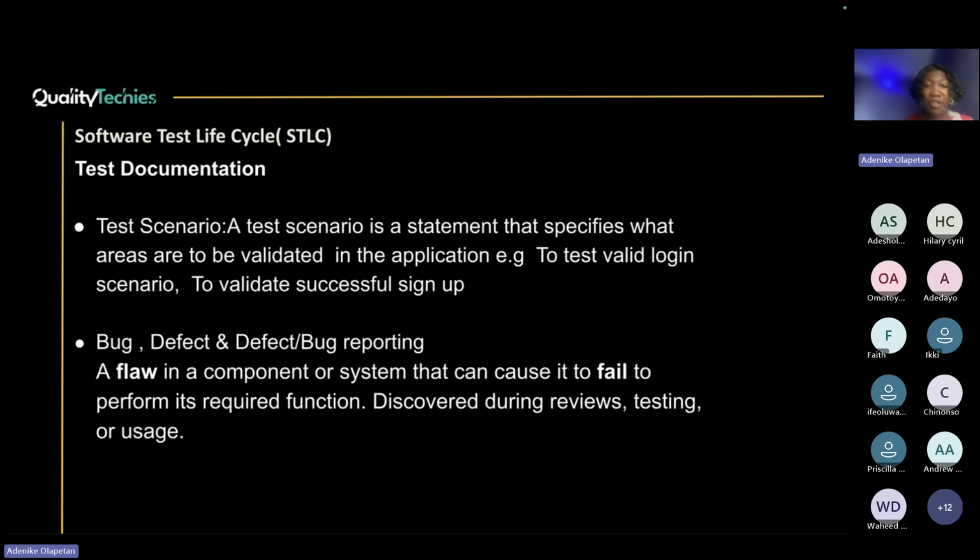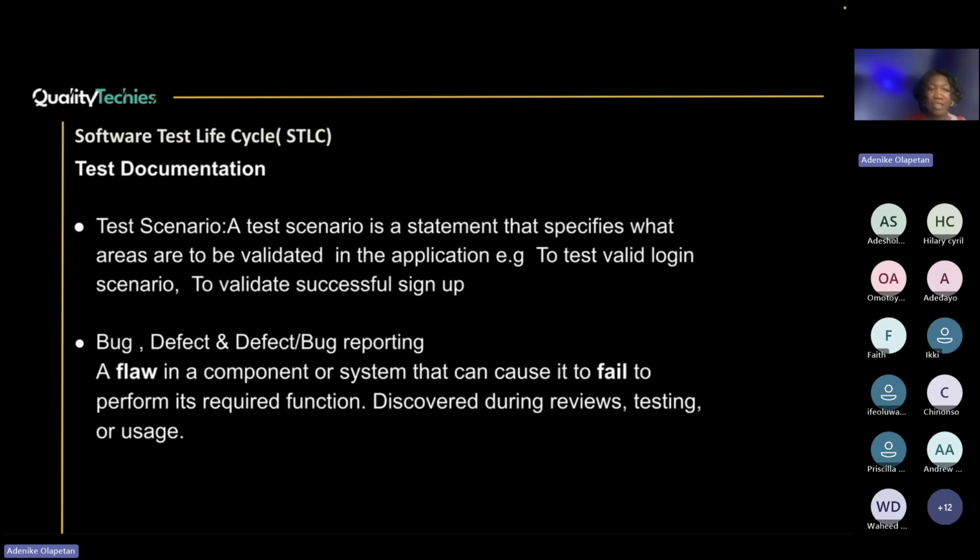So test scenario is a statement that specifies what areas are to be validated in the application. For instance, you could have valid login scenarios, you could have successful sign up. So for each of these scenarios that you have identified, you can now split out test cases to be executed for each of the scenarios.